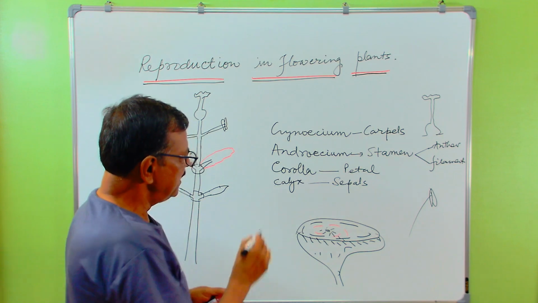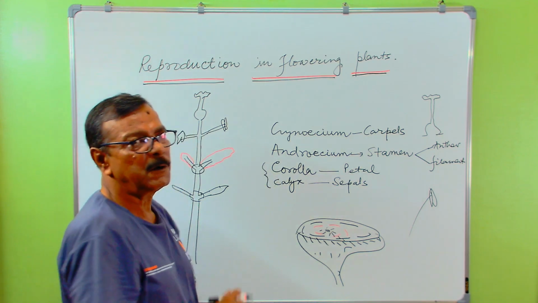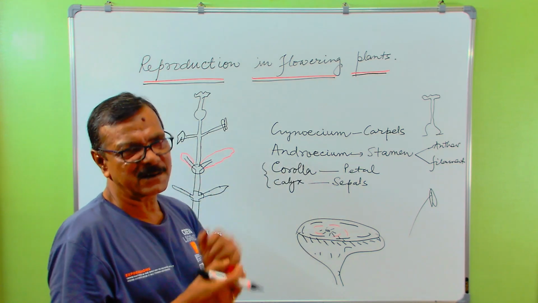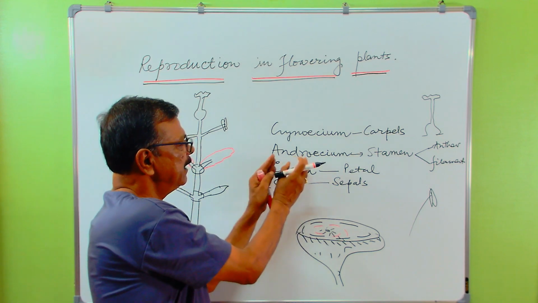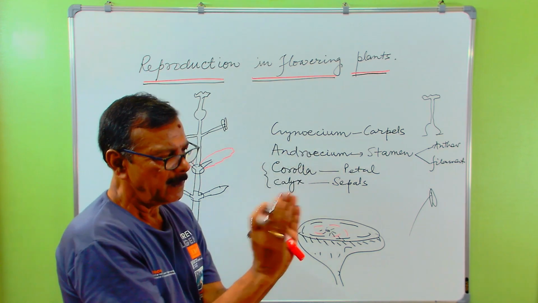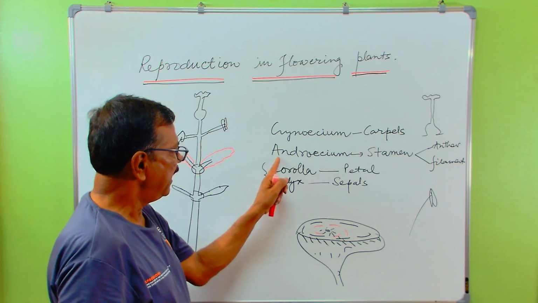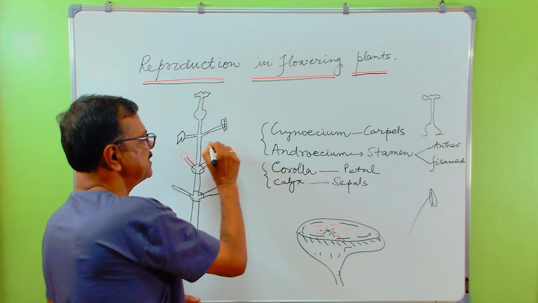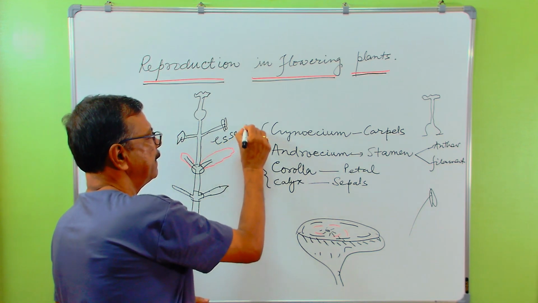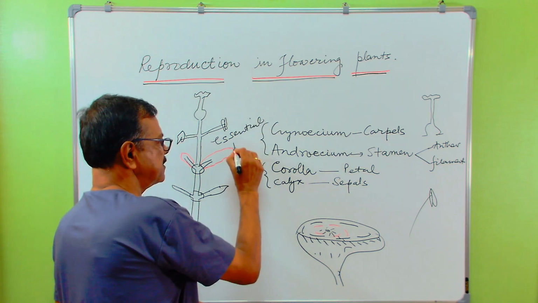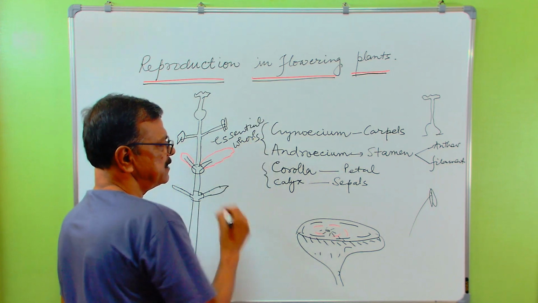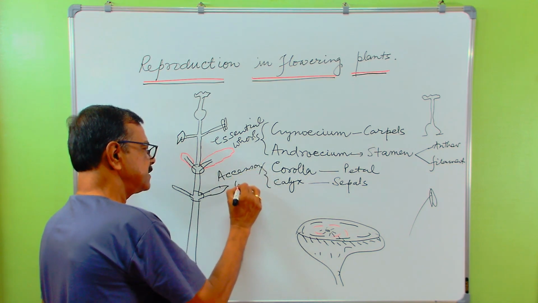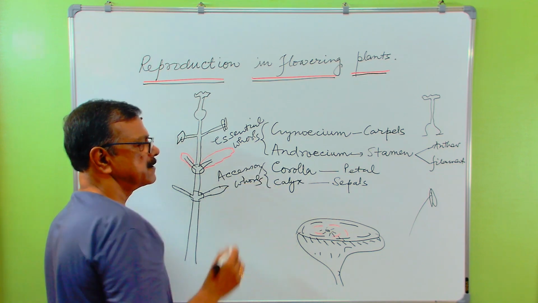Petals and sepals are accessory whorls, not required for reproduction, but they protect the androecium and gynoecium on the outer side. And these are called essential whorls. These are known as essential whorls, and these are called accessory whorls.